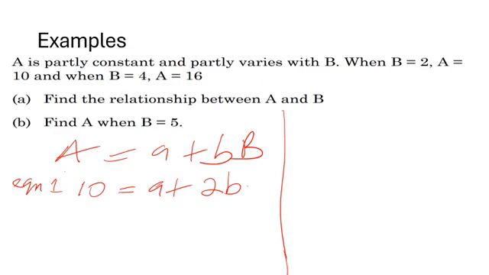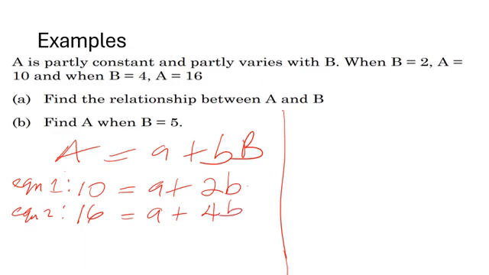That's equation 1. For equation 2, they say B is equal to 4 and A is equal to 16. So where there is A, we put 16, and B is equal to 4, which gives 4b. So we have two equations.